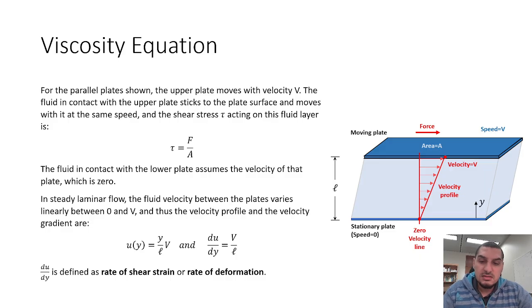Now we need to see how this relates to the viscosity. Of course, we expect that if we apply the same force, then the velocity would be higher for a fluid with low viscosity, and it will be a small velocity if it's a highly viscous fluid.